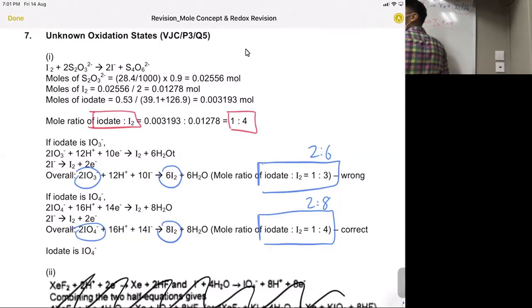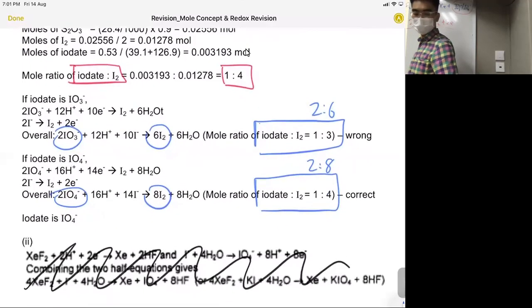My way of telling you is that if you manage to get this first, lucky, we can still close one eye and accept it. But if you prove the wrong one, and then you tell me this is wrong and the other one is correct, then I cannot accept, because I don't see the correct ratio.